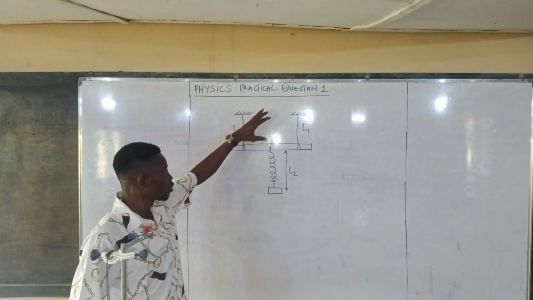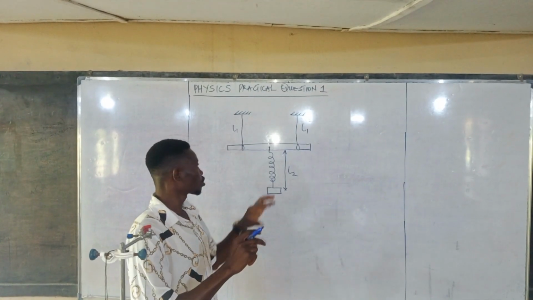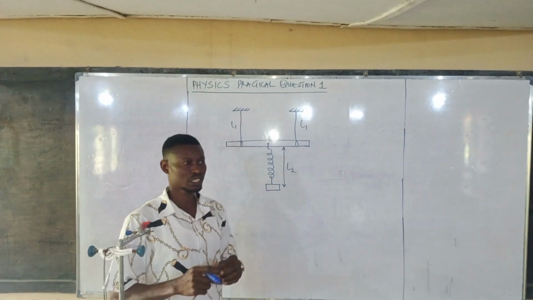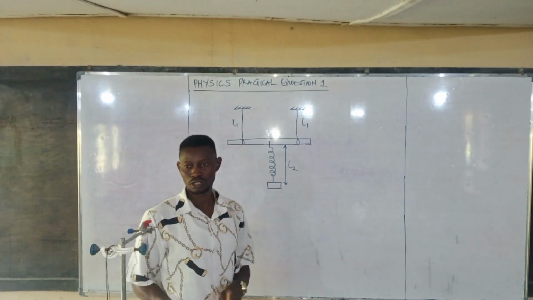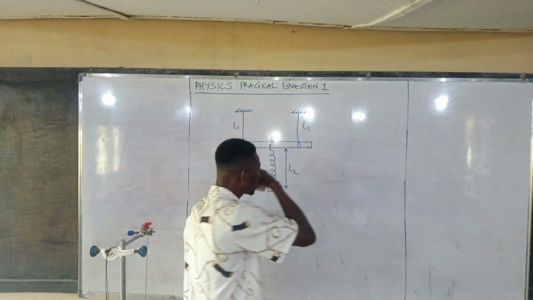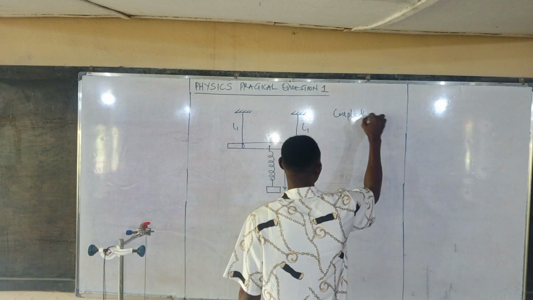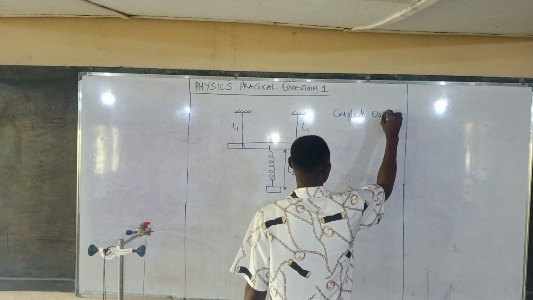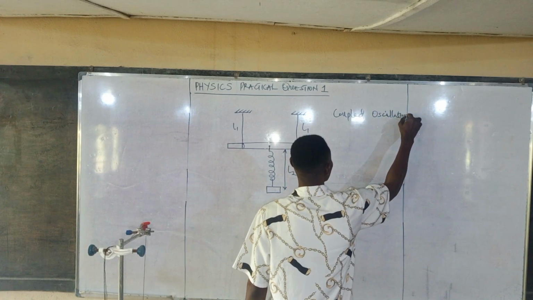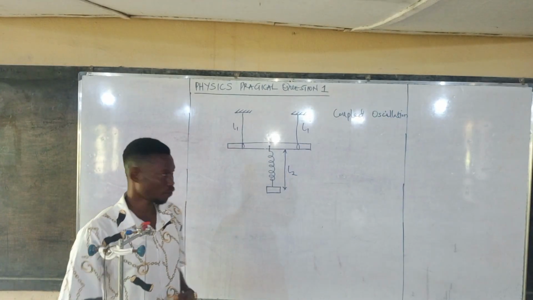So what this does is it performs a kind of oscillation which we call coupled oscillations. So it's not going to be the usual single system of oscillation that we have.